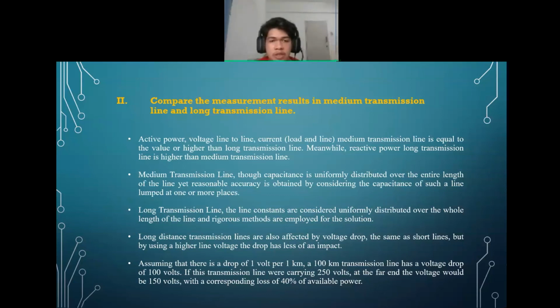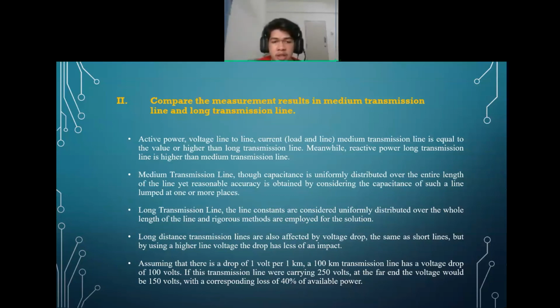Okay, in the long transmission line, the line constants are considered uniformly distributed over the whole length of the line and a rigorous method is employed for the solution. Long distance transmission lines are also affected by voltage drop, the same as short lines, but by using higher line voltage, the drop is less of an issue.